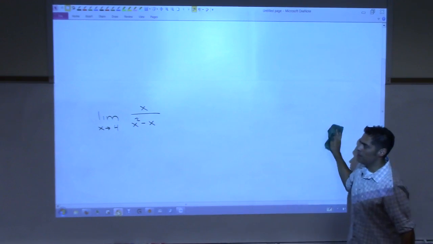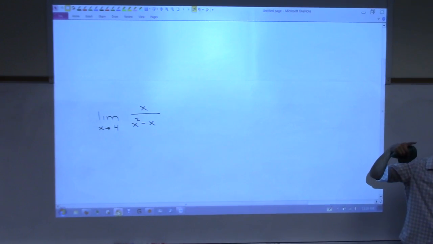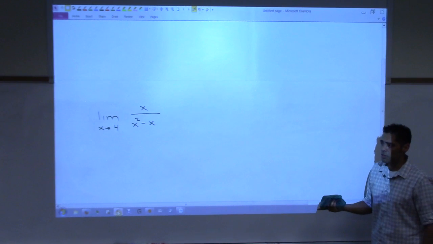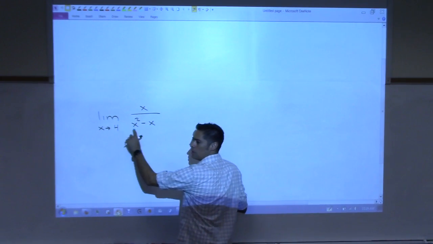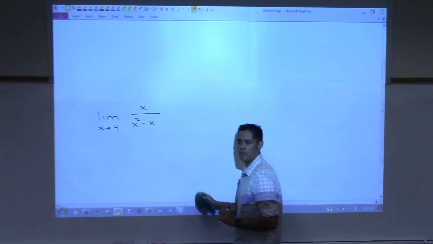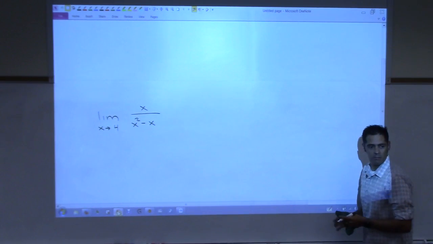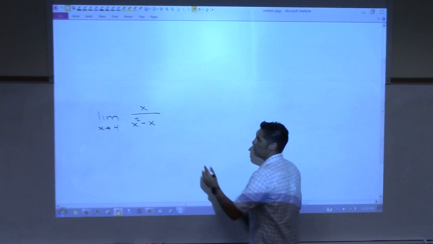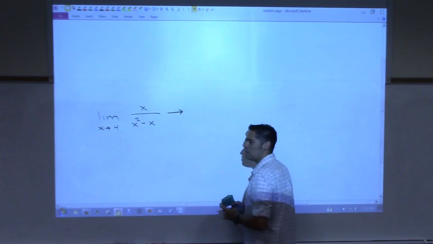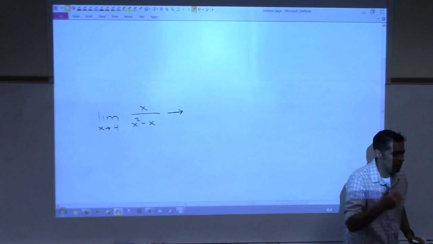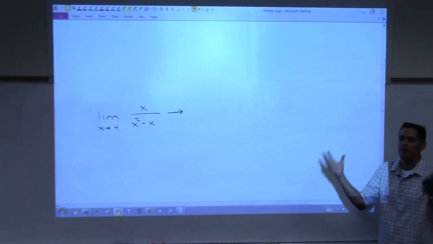All right, so we have a rational function, don't we? So we can try direct substitution as long as 4 is in the implied domain. Should be. Let's just try plugging in. I'm going to use an arrow. I always like to use arrows first when I'm just trying direct substitution, just to see what's happening.